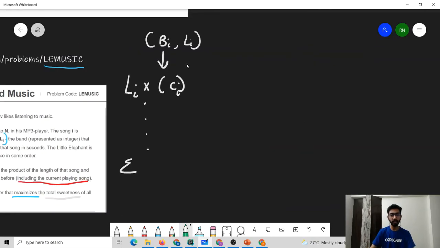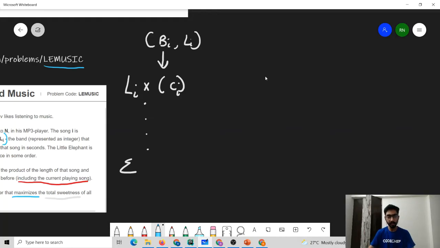Let us think of some greedy approach first. One greedy approach that comes to my mind is, since the sweetness of each song depends on the number of distinct bands that have been played before it, and the length of each song gets multiplied by that number, it's always favorable to have as many different bands as possible played before a very long song.